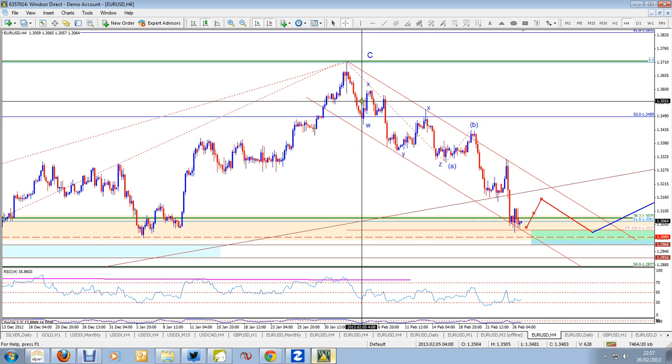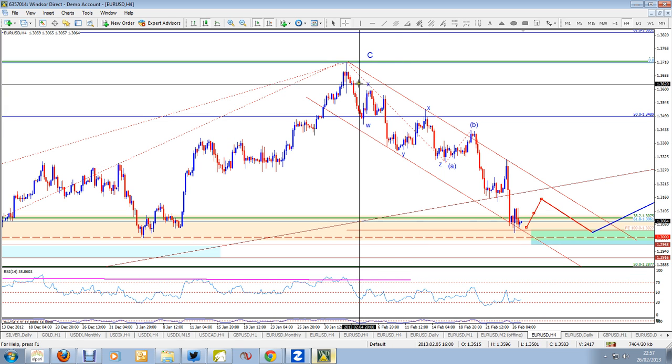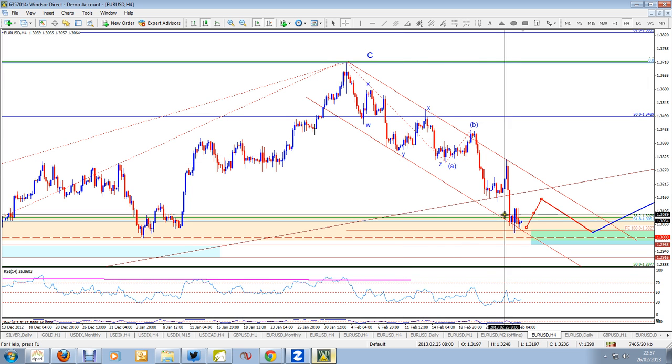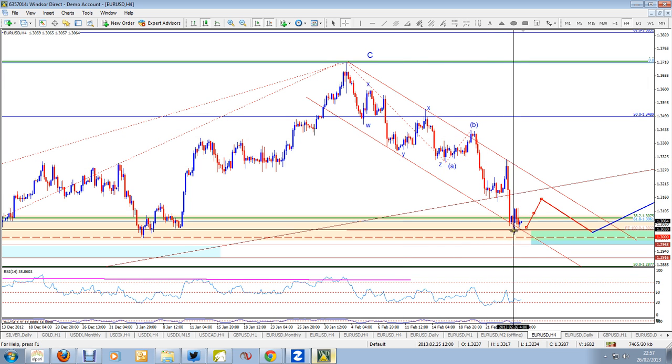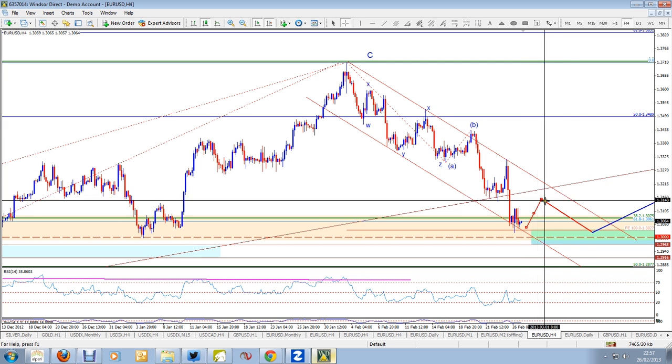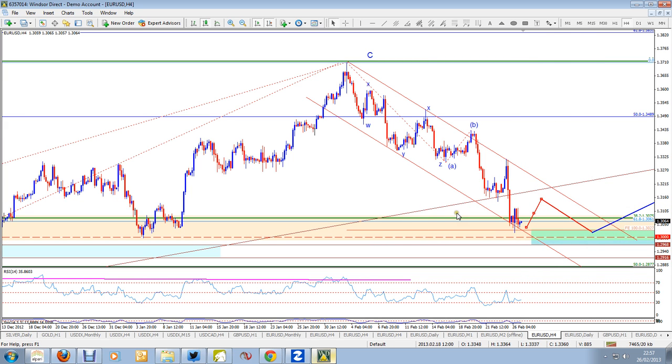We had 5 swings, although I put letters on, we got a swing 1, 2, 3, 4 and 5. Here we need 1, 2, 3, I think almost done. If it bounces, we'll get a 4 and then one more drive to complete wave 5. So we will get another zigzag. Equally, what we might have here is possibly some sort of falling wedge pattern.